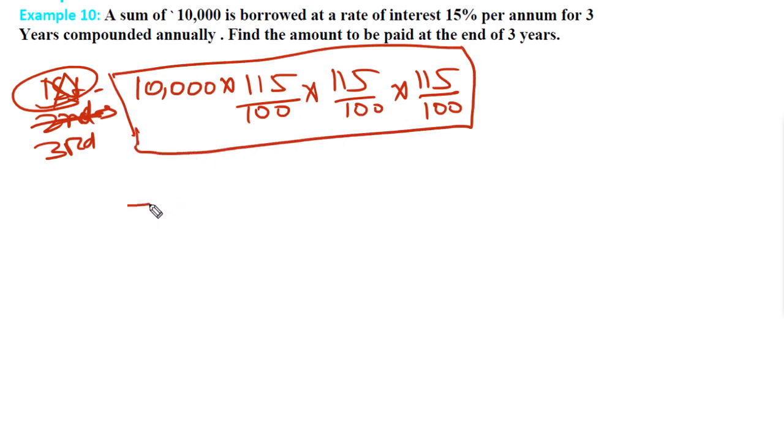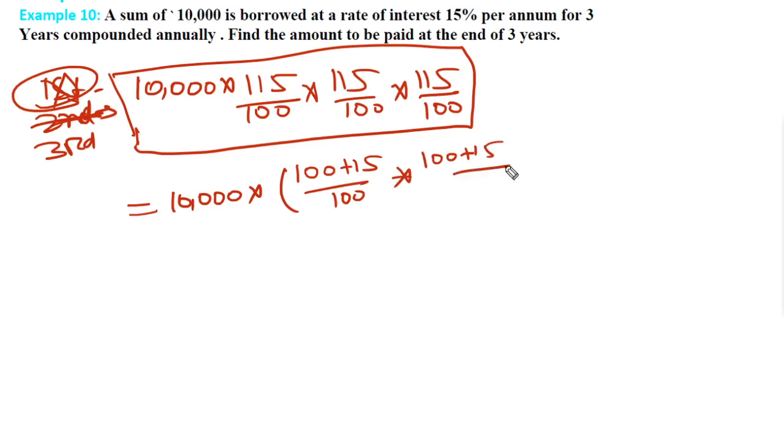Now we'll just write it in a different way. So it will be equal to 10,000 into 115 by 100. I'll just write it like this: 100 plus 15 by 100. 115 is divided like this, into 100 plus 15 by 100 into 100 plus 15 by 100.